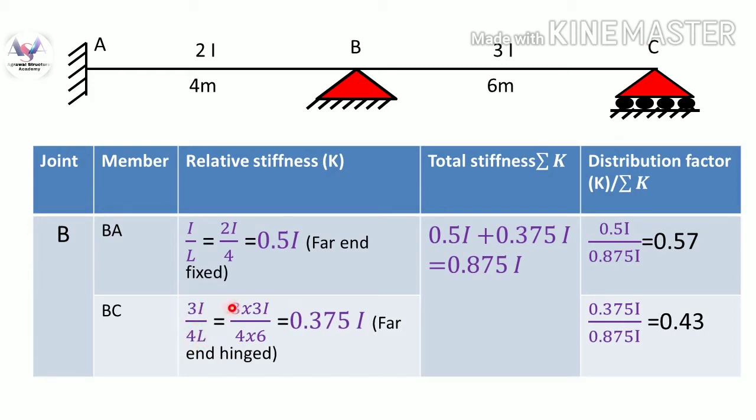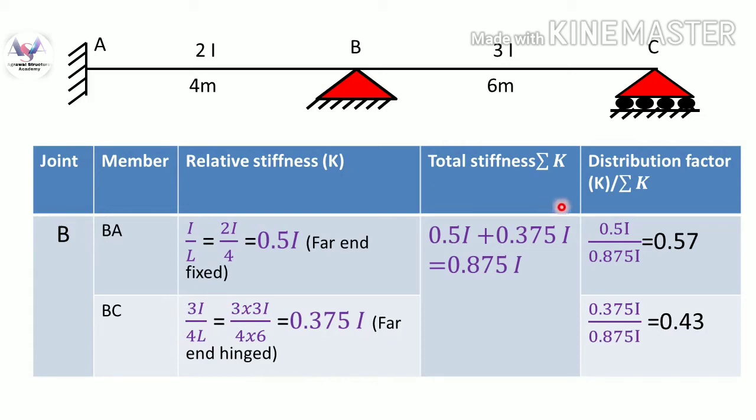So here that is equal to 3 into I, that is 3I, over 4 into L, L is equal to 6. So that is equal to 0.375I. Here the far end is hinged, that is why 3I by 4L.